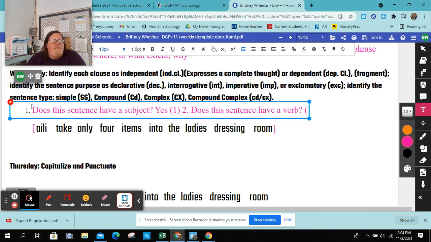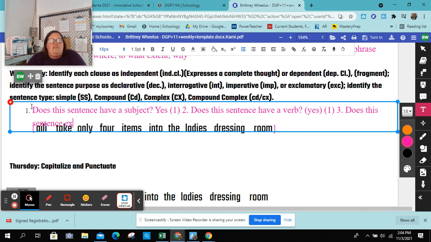Yes. Now, how many verbs does this sentence have? 1. The third question, does this sentence express a complete thought? Yes.